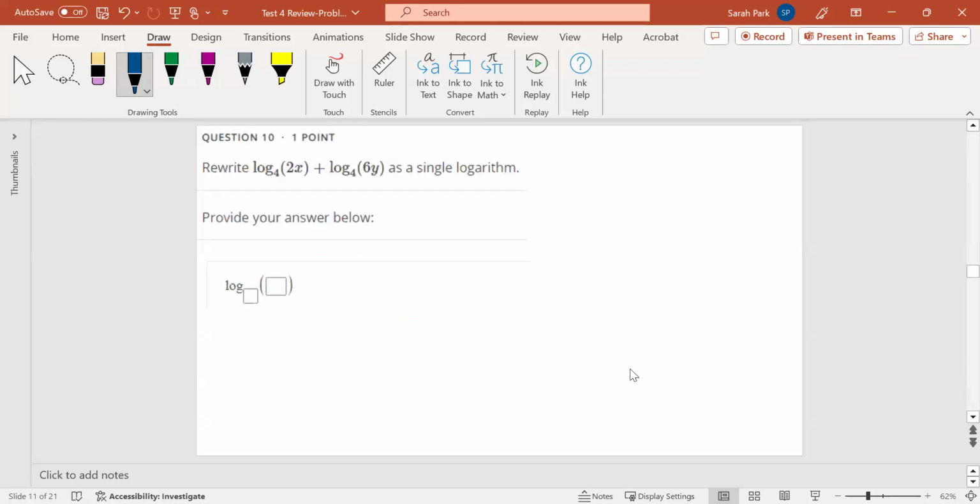Okay, number 10, rewrite log base 4 of 2x plus log base 4 of 6y as a single logarithm. And so for this one, we need to recognize that this is the product rule. When you have an addition of these 2 logs, we can rewrite this as log base 4 of 2x times 6y.